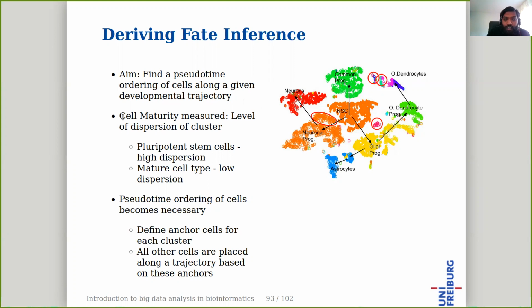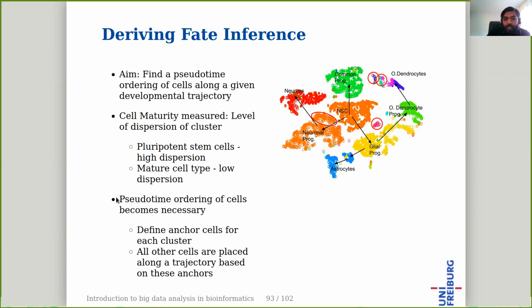One thing that we have to recall, which I mentioned previously, is that stem cells contain higher entropy, that means higher dispersion, compared to the mature cell types, because these stem cells tend to give rise to other cell types. So there is no clear expression pattern compared to the mature cell types. This is the assumption here.